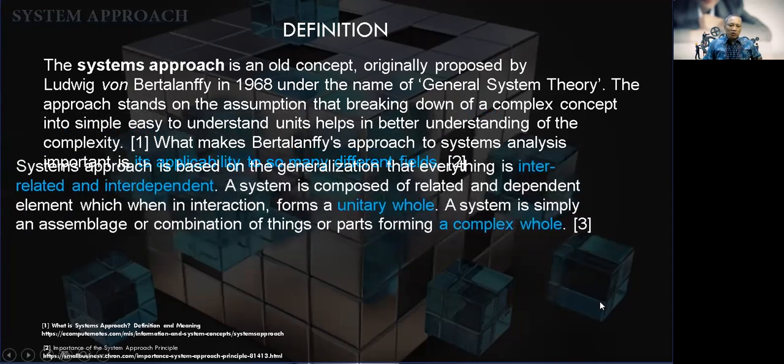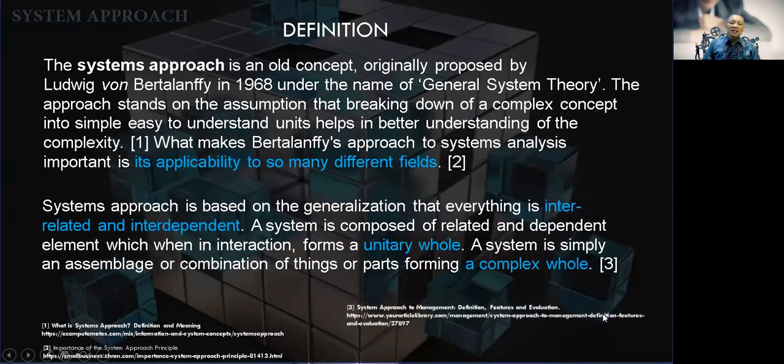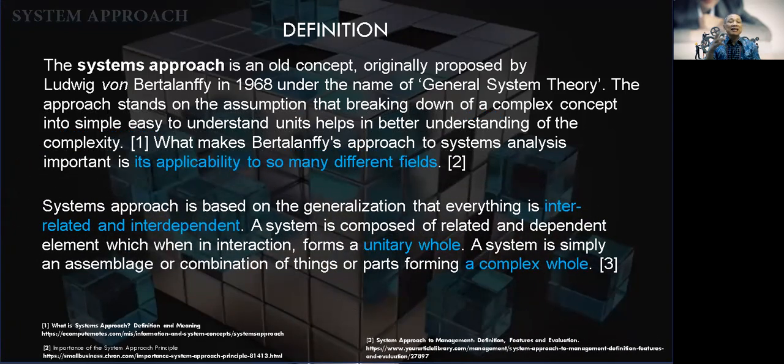So system approach is based on the generalization that everything is interrelated and interdependent. So when you talk about a car, every part of it, maybe some people will see the wheels, the steering wheel more important than the machine or the valve, but actually all of them are interrelated and interdependent.